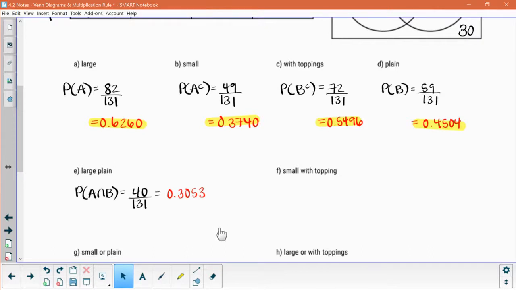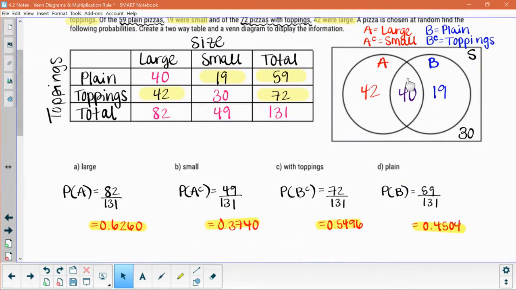Then I'm going to go in and look at what's the probability of a small pizza with toppings. So the probability of A complement and of B complement. So let's remember, A complement is everything outside of the circle A. So we're talking everything in the sample space and this little shaded part of B. Well, B complement is everything outside of B and this little part of A. So now, if I want to be outside of both of these circles entirely, the only thing that fits is this 30 count of my small pizzas with toppings.